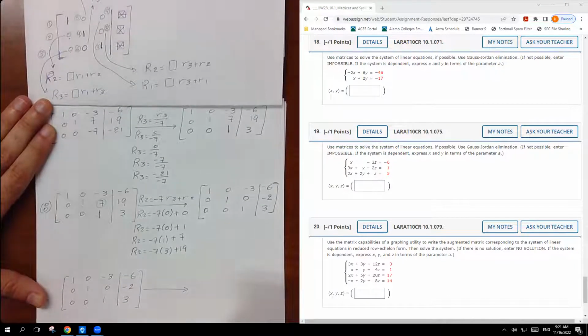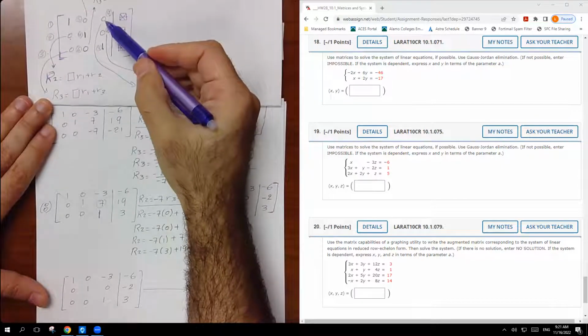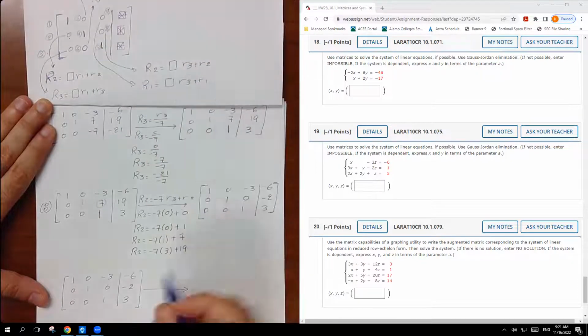The last step, we're going to do step 9. Convert the number in this location to 0. So I'm going to write down this rule: R1 equals R3 plus R1.